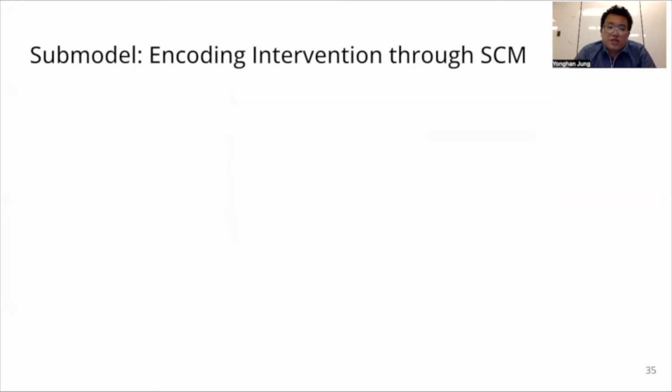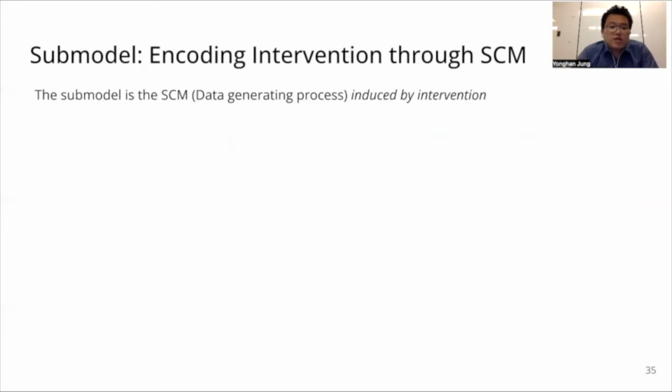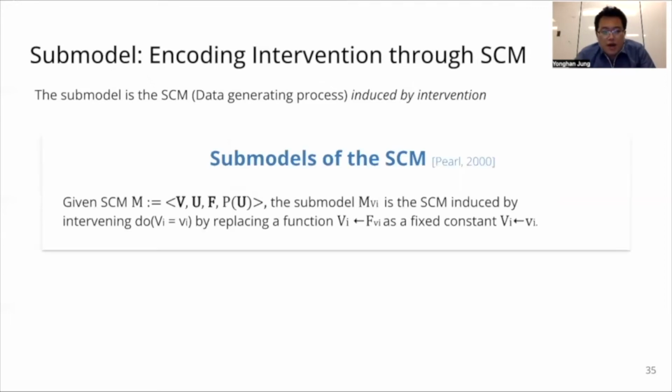This intervention is encoded by the structural causal model in something called a Sum model. So a Sum model is a structural causal model induced by the intervention. Given the SCM and the Sum model, M_VI is the structural causal model obtained by replacing the function that determines the value of V_i with a fixed constant.